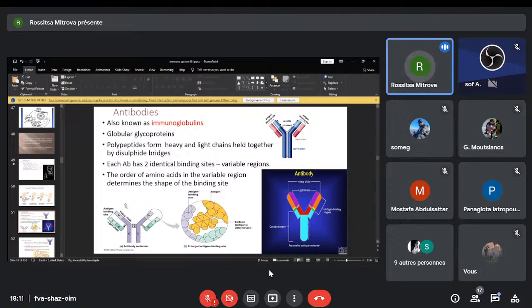Each antibody has two absolutely identical binding sites. They are called variable regions, and the order of amino acids in the variable region determines the shape of the binding site.